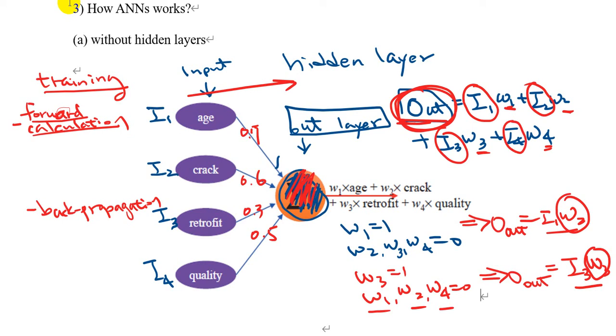The input parameters are given in numbers here: age in number, quality in number, retrofit in number, all that right there. You calculate and come up with the output value right there. Of course, at the end of the first forward calculation, your output is not going to be the same as the number observed from big data, unless you're tremendously lucky or tremendously intuitive.